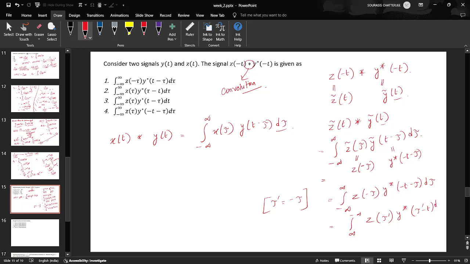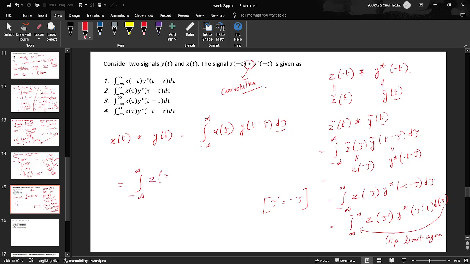Now I want to write it in terms of tau dash. It will be minus d tau dash. So this minus here will flip the limit again. So what we are left with, the limit will again go back to minus infinity to infinity.